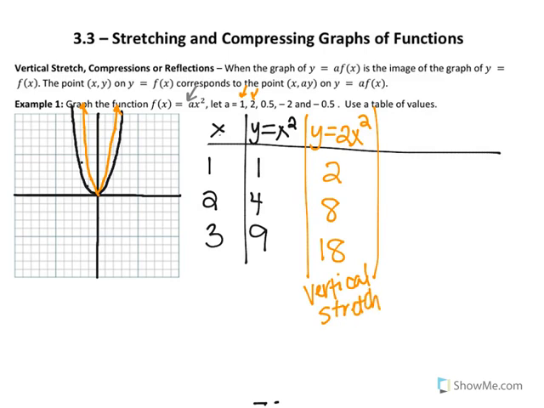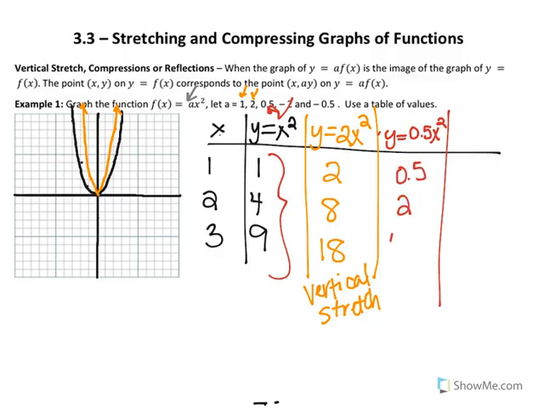Okay, let's go with 0.5. So we're going to manipulate these original ones by multiplying them by a half. So it'll be 0.5 to 4.5. So I'm going to go over 1, up a half, over 2, up 2, over 3, up 4.5.